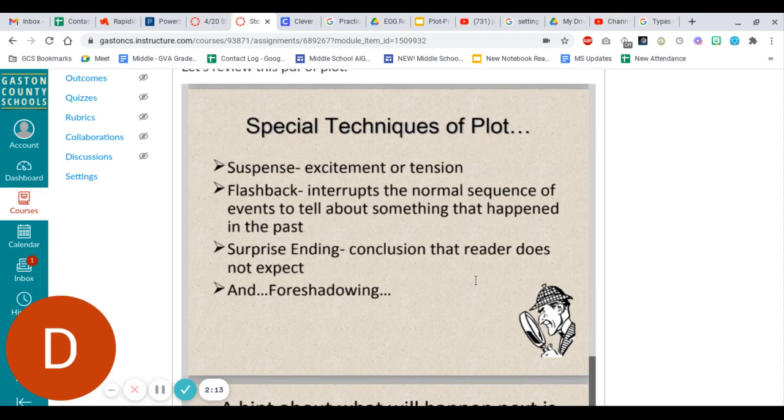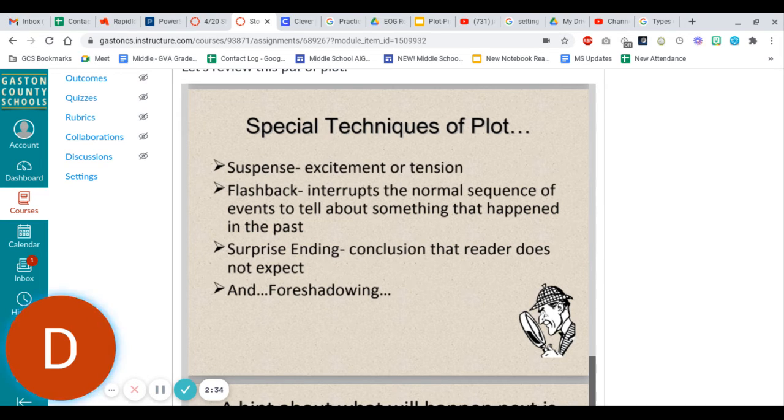So when we look at the events in the plot, we need to think of some of these techniques that authors use. One is suspense. Those are the events that they include that build excitement into the story and build tension to the tone or the mood.